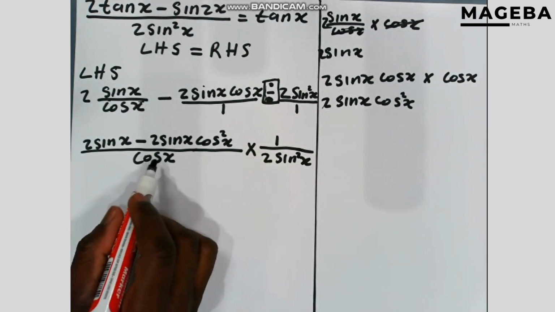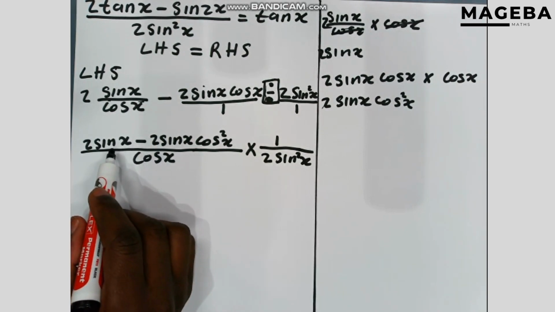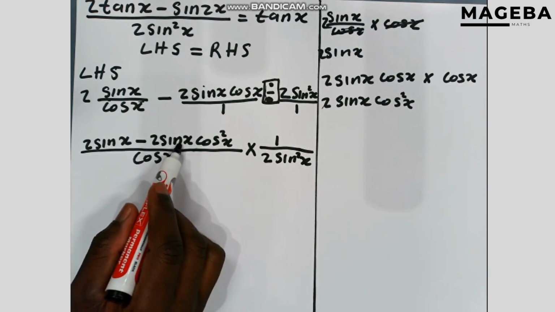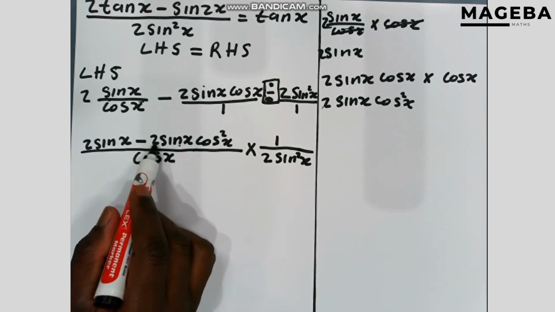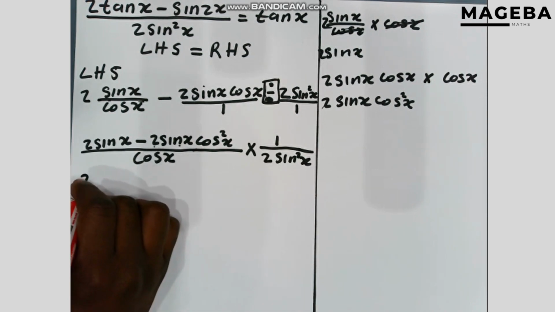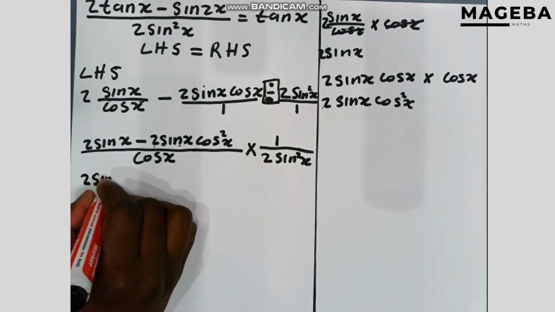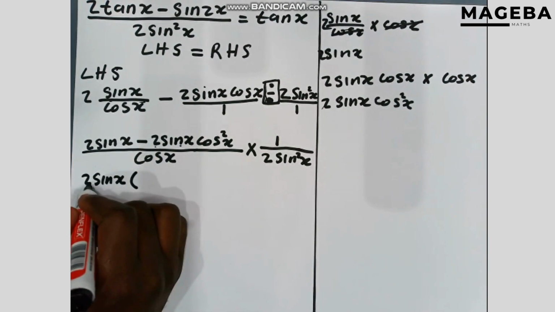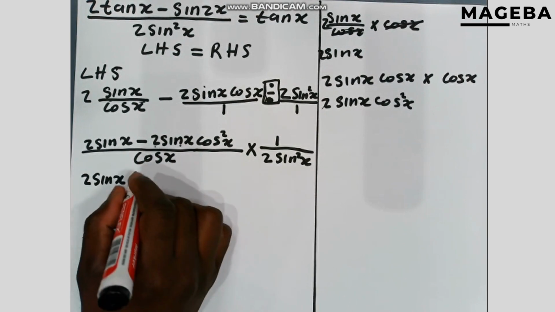And then from here we have sine on this side, we have sine on this side, we have 2. I hope you see that there's a common factor there. So we're going to have 2 sine x as our common factor. Then if we take 2 sine x here, we're going to be left with 1.